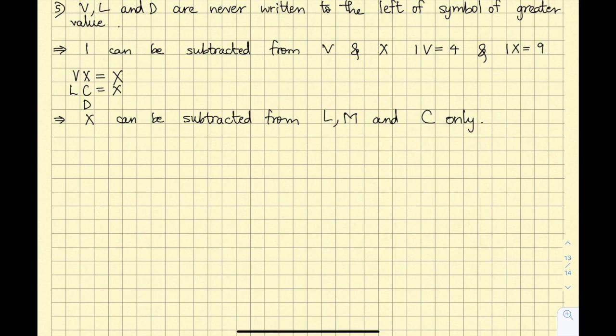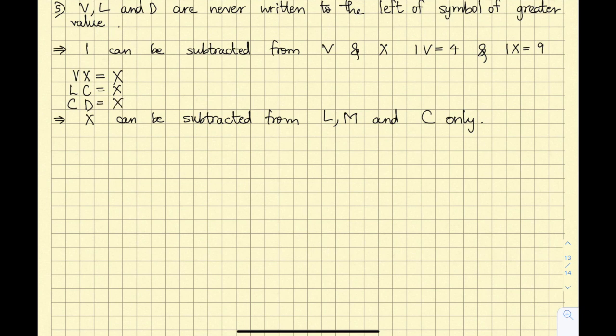Similarly, you cannot write D to the left side of M. That is also considered wrong. And you cannot write vice versa also. We cannot write to the left of a symbol of greater value in front of D. We cannot write C. This is also considered wrong.